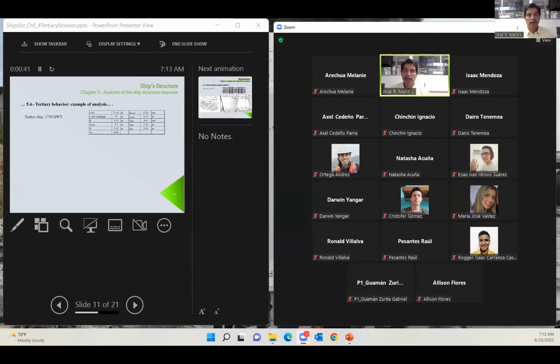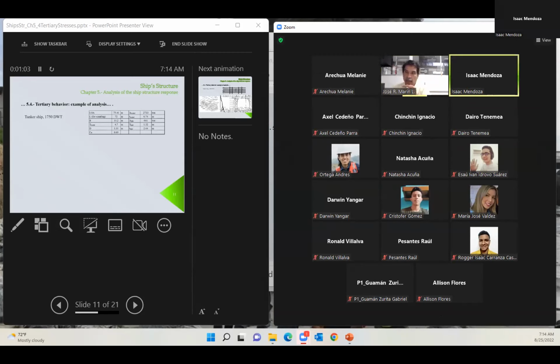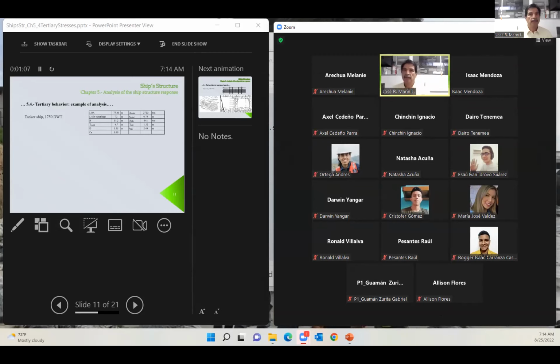Okay, so we are going to apply just a simple procedure in order to analyze this structure. Okay, this is an analysis of a tanker ship. This is a real ship. I had to analyze it some years ago. Doctor, yep, there is not full screen yet. Not full screen. Supposed to be full screen now.